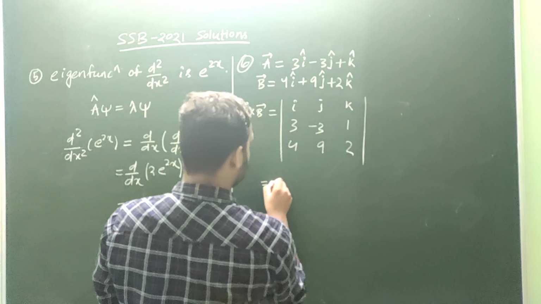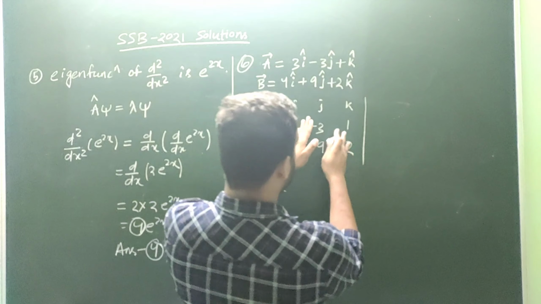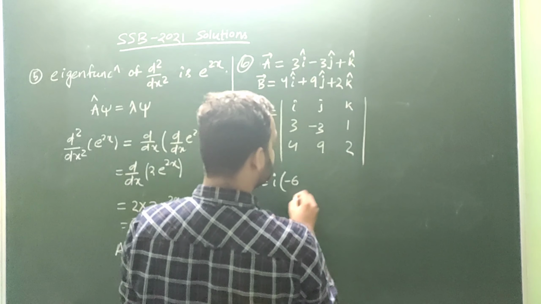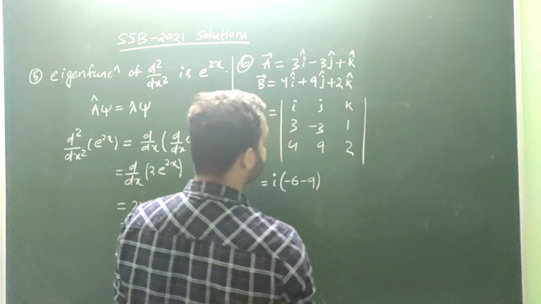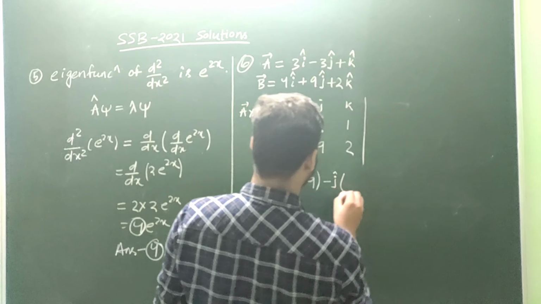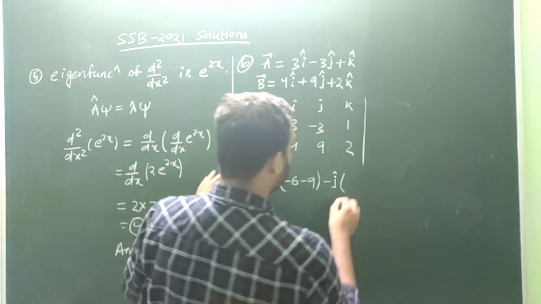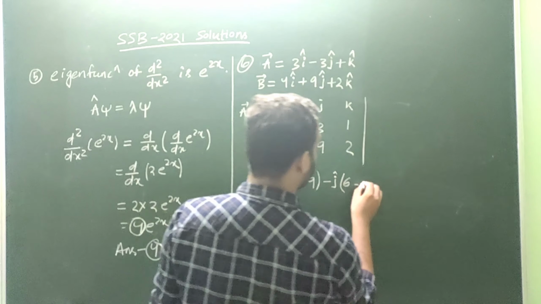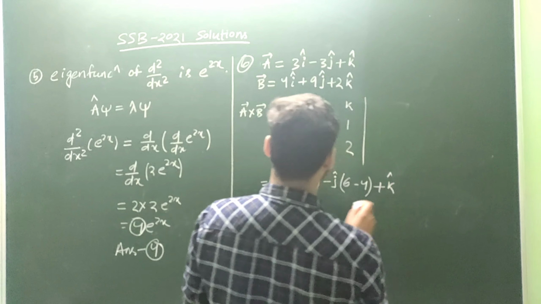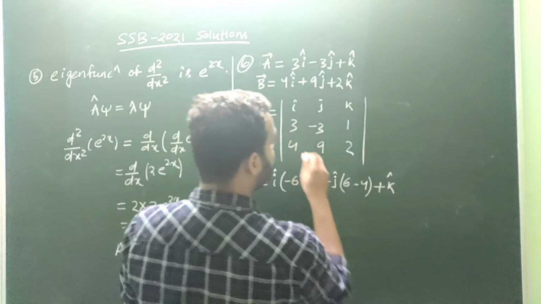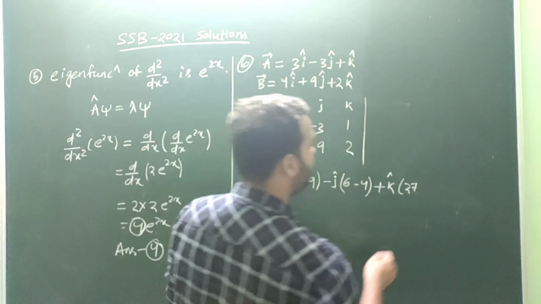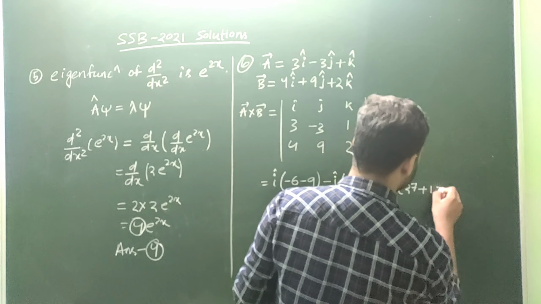If you calculate this one, then i cap, and here take this matrix, this is minus 3 into 2 is minus 6 minus 9, and then minus j cap into this one, 3 into 2 6 minus 4 into 1 4, and lastly plus k cap, this matrix 9 into 3 27 minus of minus 12, so this becomes 12.